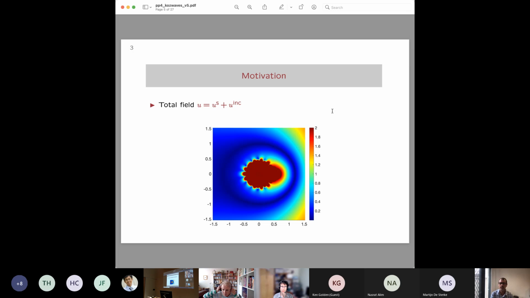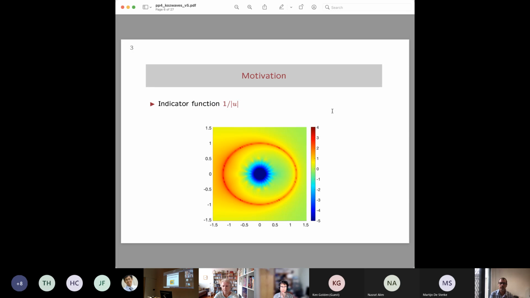Now, personally, I don't find it very easy to see the shape of the object in this figure. I find it easier to plot what I call the indicator function, so 1 over the absolute value of u, and I've used a log color scheme here. What we see is that where the indicator function blows up, this red color reveals the shape of the boundary. And we can see that the scatterer was this ellipse shape.